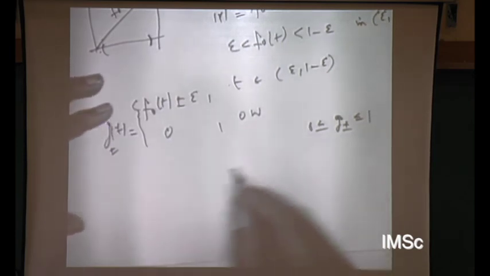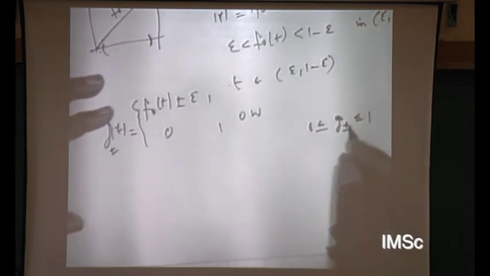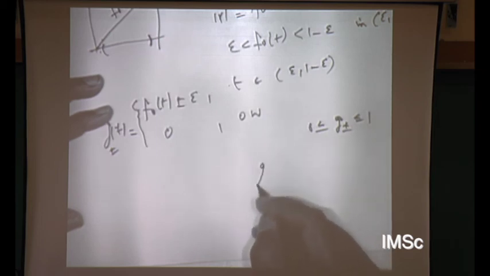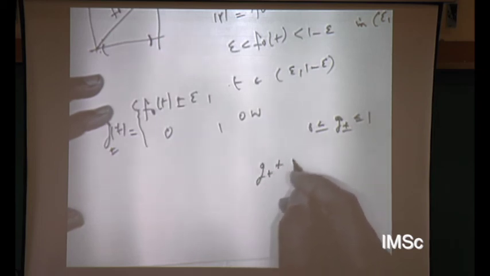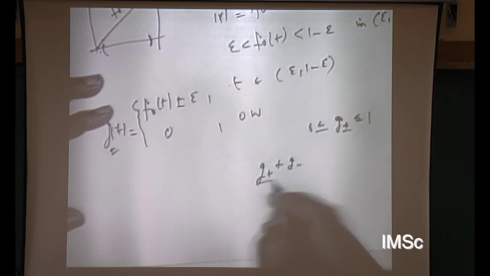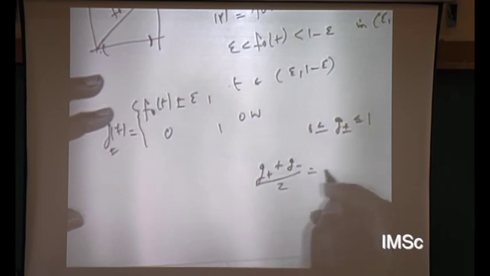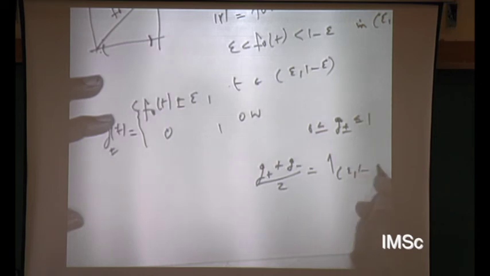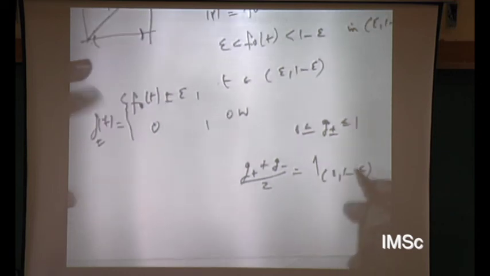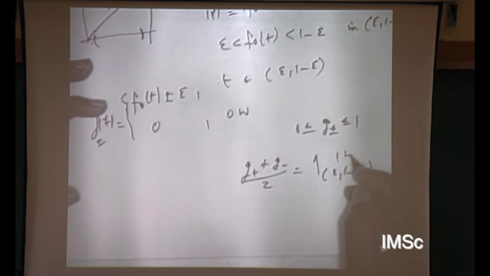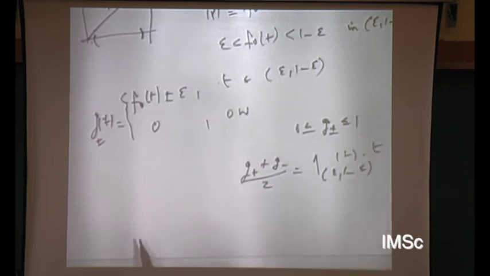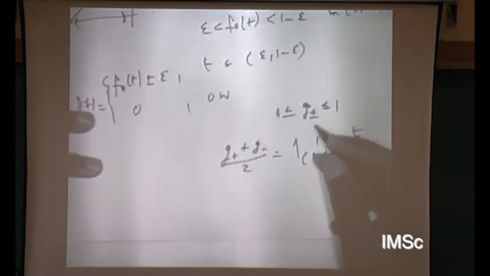And if I take the average of these two, that will be the indicator of [epsilon, 1 minus epsilon] of t times t, times f naught.